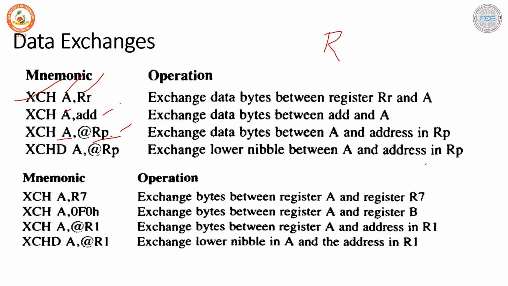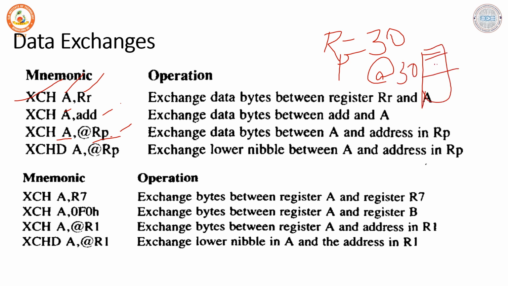So here Rp is pointing to, say, 30. At the 30 memory location, whatever the data is will be taken to the accumulator.